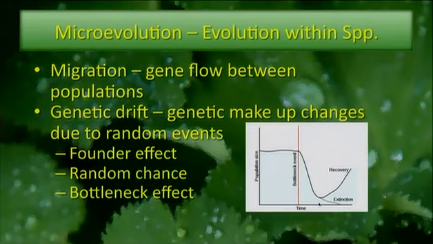Then we have the bottleneck effect. You have a population at a certain size, and then some kind of bottlenecking event where the population declines, such as climate change, which is a big bottlenecking event that happened several times in Earth history.